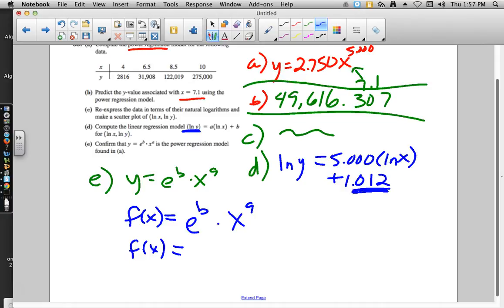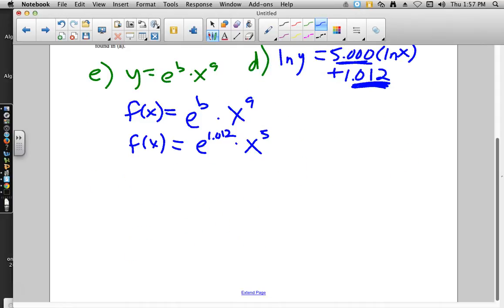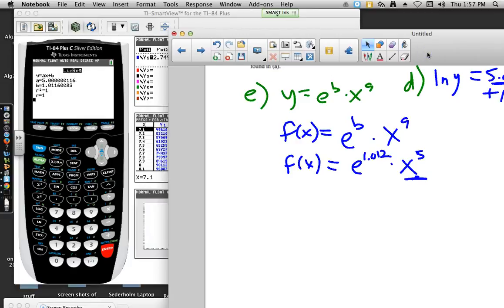This is b. And this is a. Right there. So the natural log we just saw is supposed to work this way. Well, let's see if this actually comes out to be 2.750 x to the fifth. Well, we know we've got the x to the fifth part, so let's just check out that e.